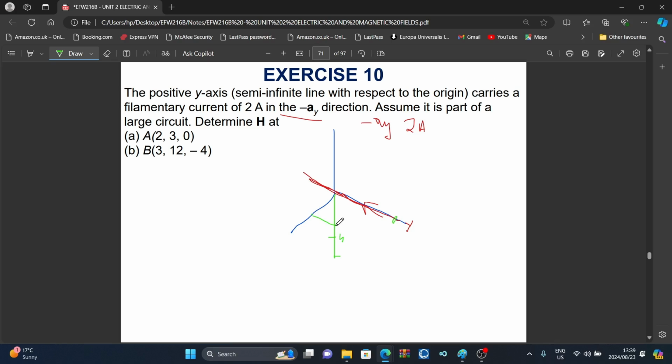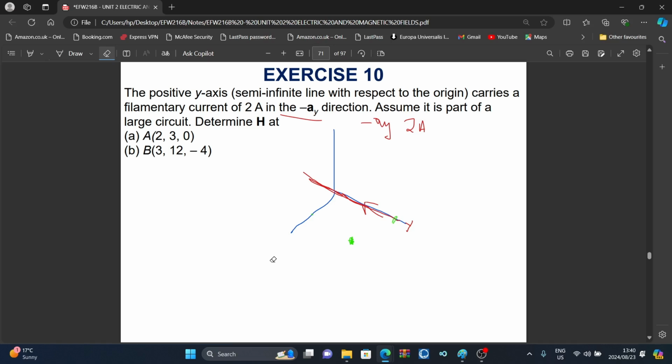So let's see if we can draw this properly. Let's just take it, it's somewhere around here. To make it easier, somewhere around here.